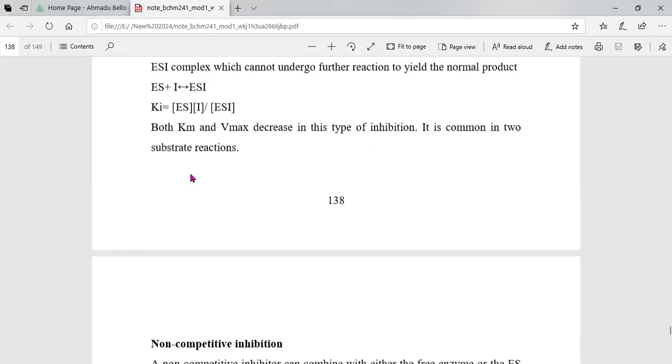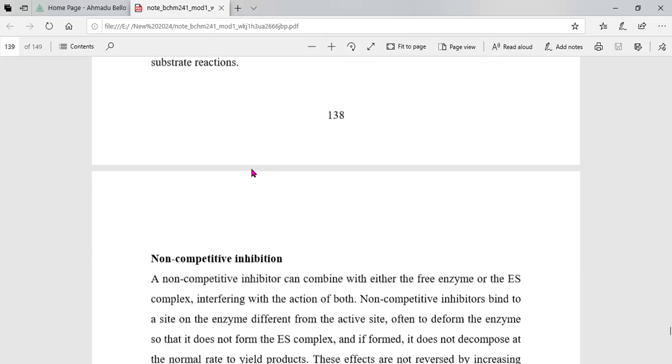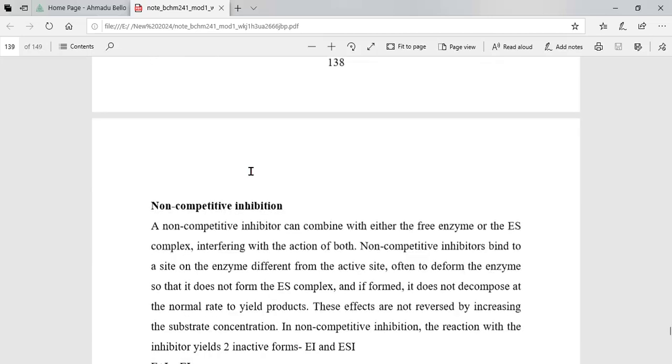It is common in two substrate reactions. One substrate binds, and when the enzyme substrate complex is formed, before the second substrate binds, the uncompetitive inhibitor binds and forms that complex, preventing the production of the product.